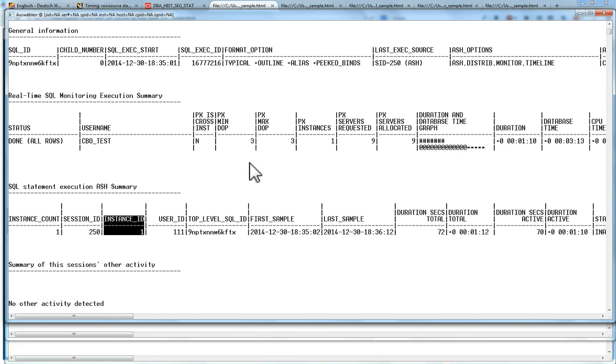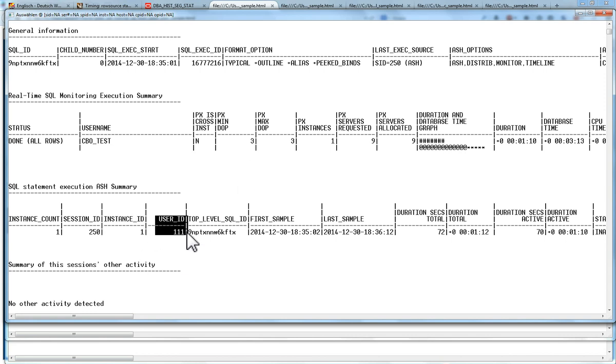In case of cross-instance parallel execution, the query coordinator could be on a different node than the parallel execution servers that actually did the work that was supposed to be done by the parallel execution servers.